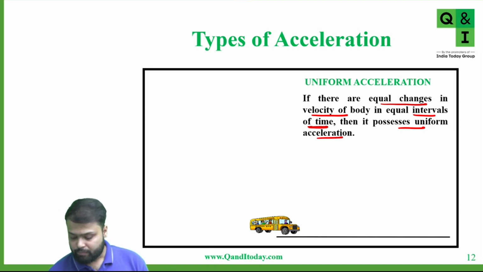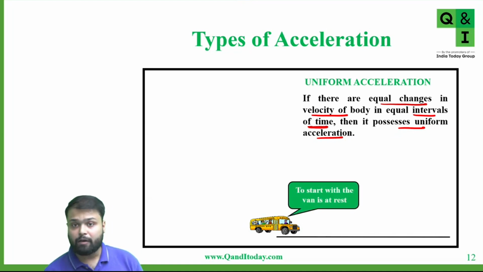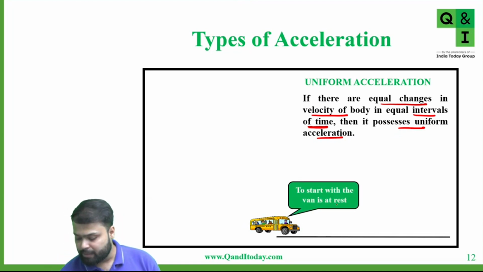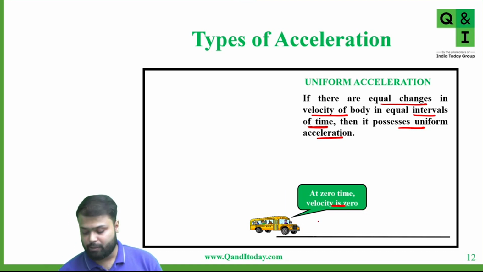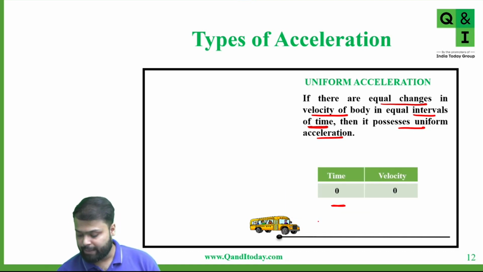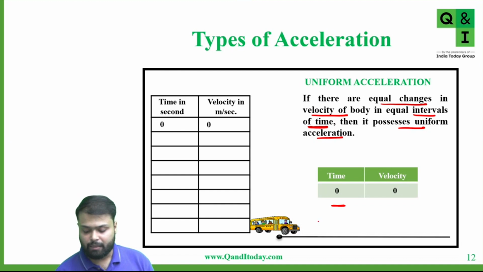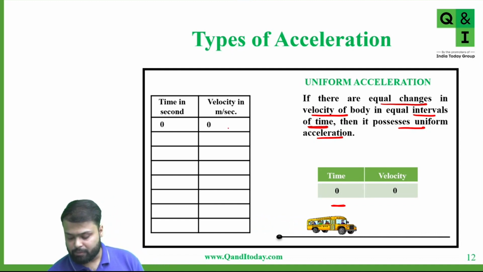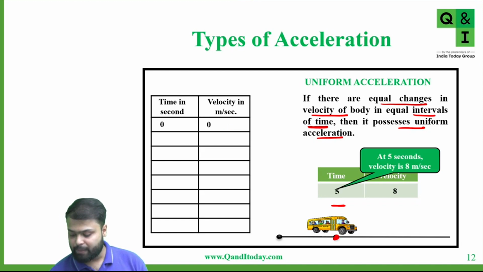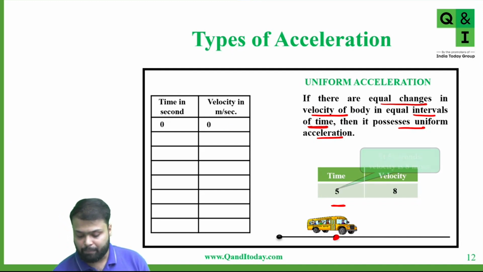Suppose there's a school bus starting from this point. When it is starting, that means initial speed is 0. It is starting from rest. So at 0 time velocity is 0. Let's say the bus is starting from this point and going to this point. Let's say here speed after 5 seconds is 8 meter per second.